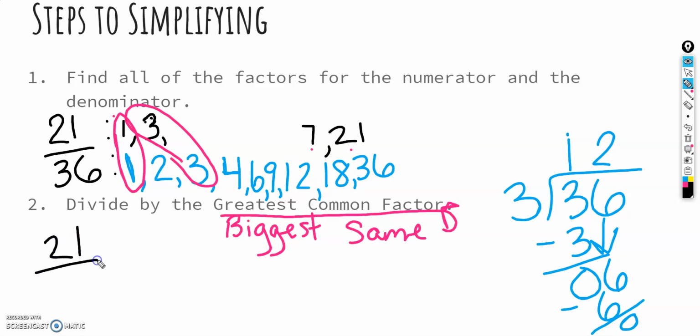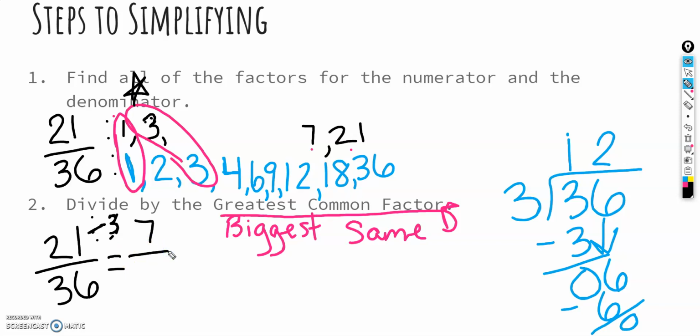Okay, so I'm going to take 21/36, which was my original number, and I'm going to divide that by the greatest common factor. I normally put a star up here. Now I've started writing all over my other things. But 21 divided by 3 is 7.